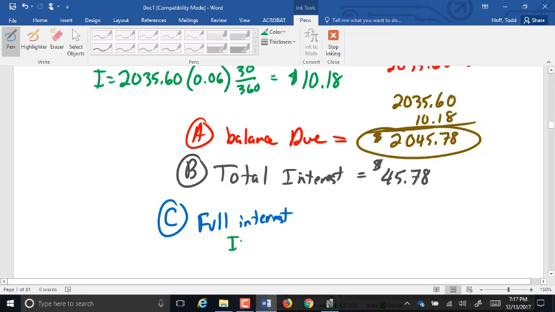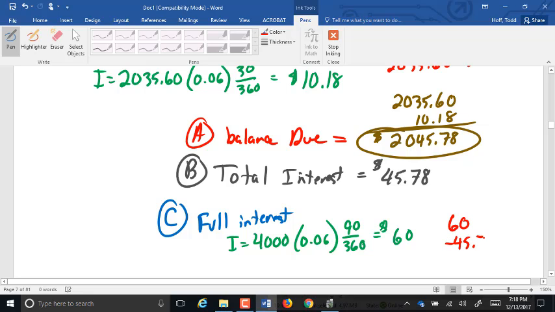That full interest amount is the 4,000 times 0.06 times 90 over 360, which is going to be $60 in interest. So 60 minus the actual amount that was paid of $45.78 is $14.22 saved.